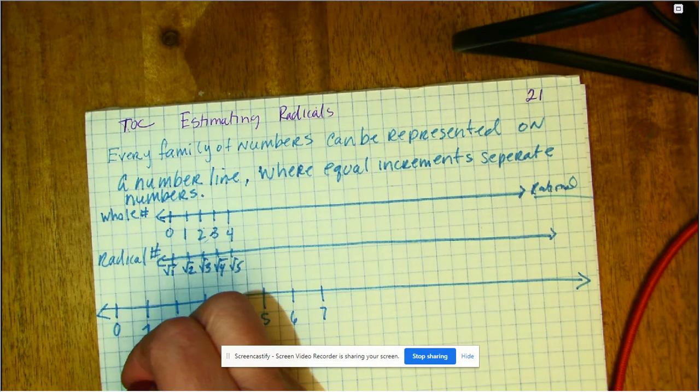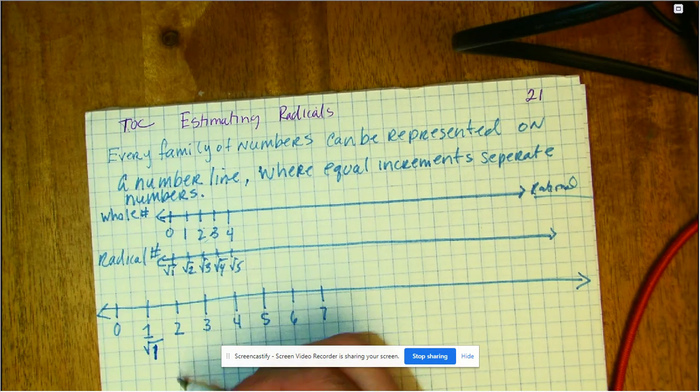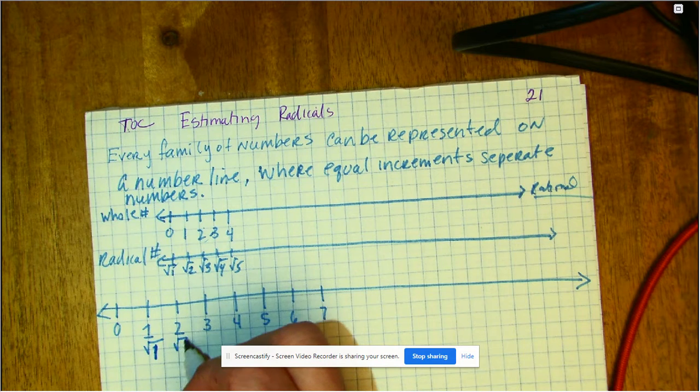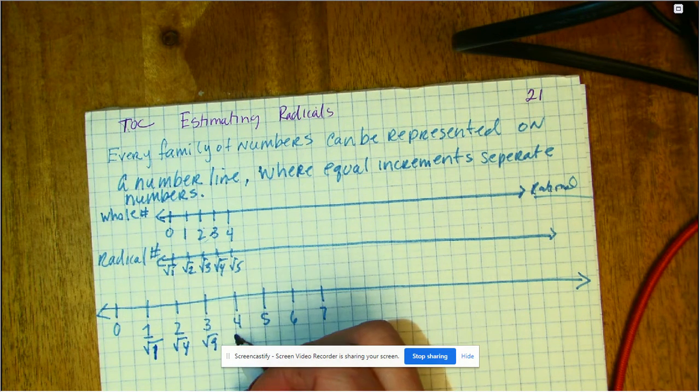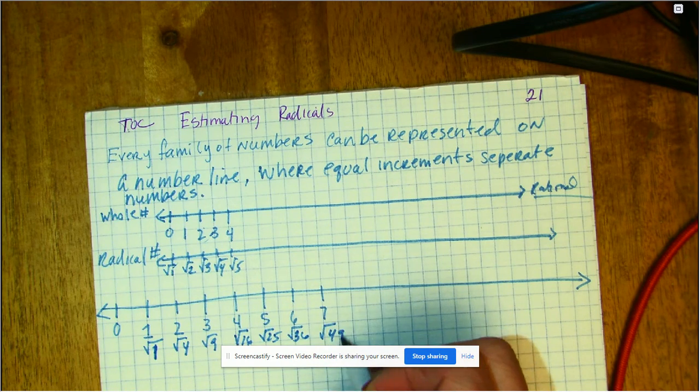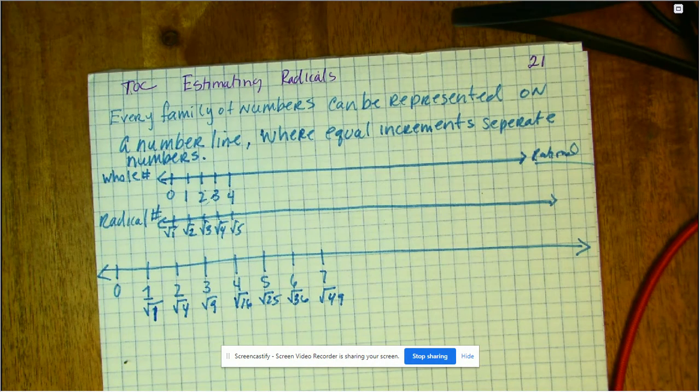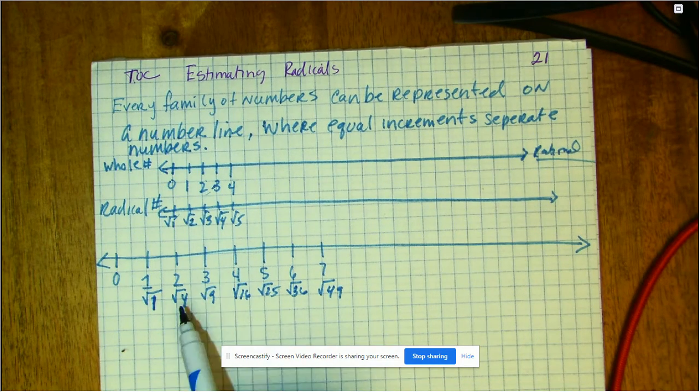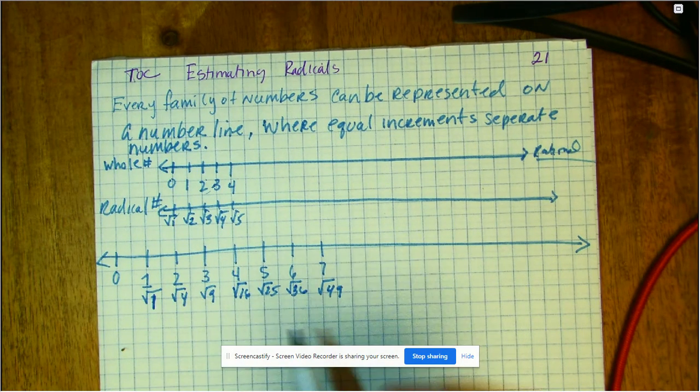Well, radical 1 is what's equal to 1. Radical 4 equals 2. Radical 9 equals 3. Radical 16, radical 25, radical 36, radical 49, etc.